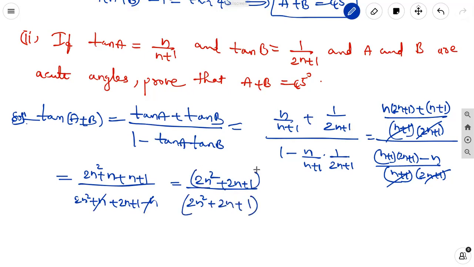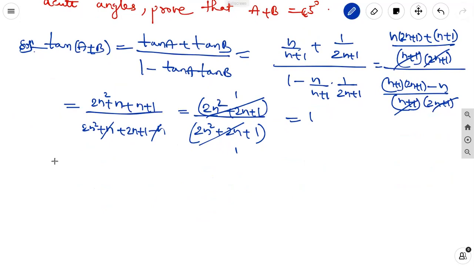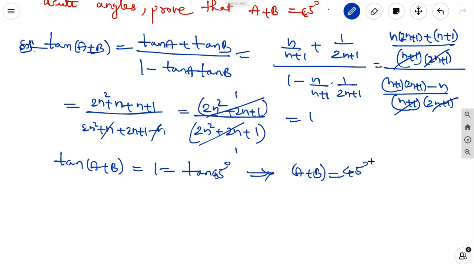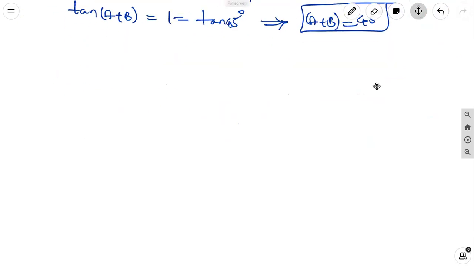These two are the same terms in the numerator and denominator. It is equal to 1. So here tan of A plus B is equal to 1. One is the value of tan 45 degrees, so the tan functions are the same. Then comparing the angles, A plus B equals 45 degrees. It is the second problem in the fifth.